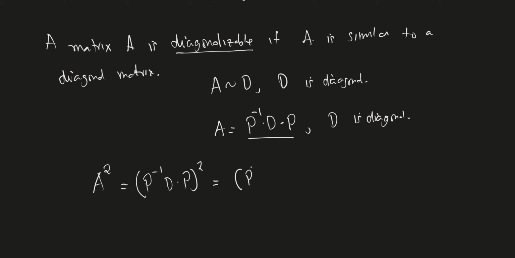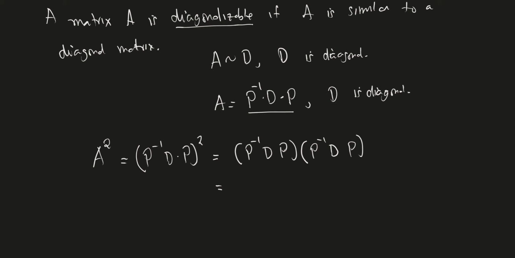So you'll have a quantity P inverse D P, and then you have times itself. Then look at what happens if we simplify the middle part here. If we group the product in this way, the P times P inverse will always become the identity.